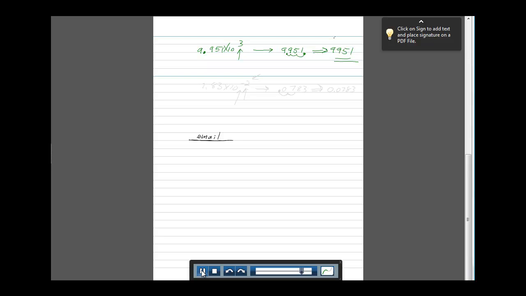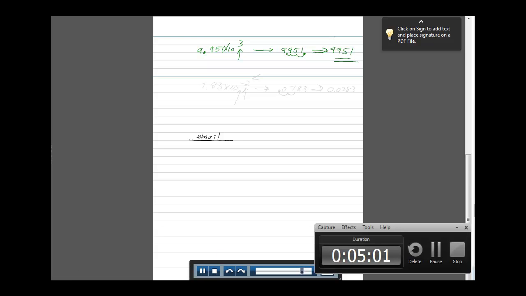If we have a number that has a negative exponent, for example, 7.83 times 10 to the negative second. Here in this case, again, we're going to be moving it that number of times, and since it's a negative exponent, the number is going to be smaller than 1. So 783, and since it's smaller than 1, we're going to be moving it 2 times.